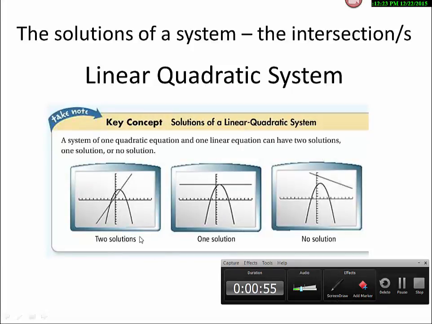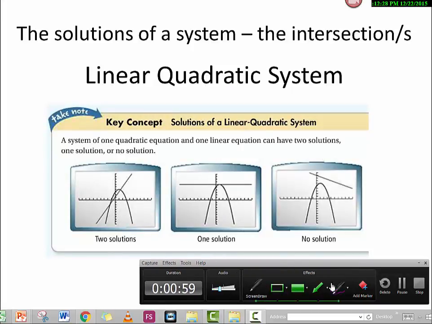When we have only one quadratic equation and one linear equation, in your graph you're going to have one parabola and one line. If you have more than one quadratic equation in the system, you will have more than one parabola. If you have more than one linear equation in your system, you're going to have two lines.